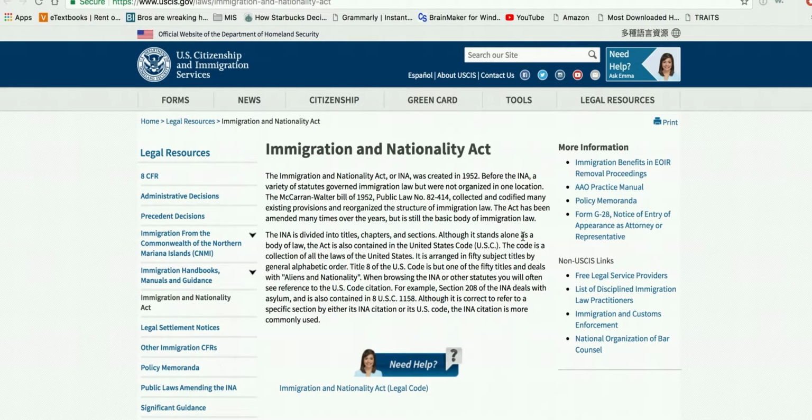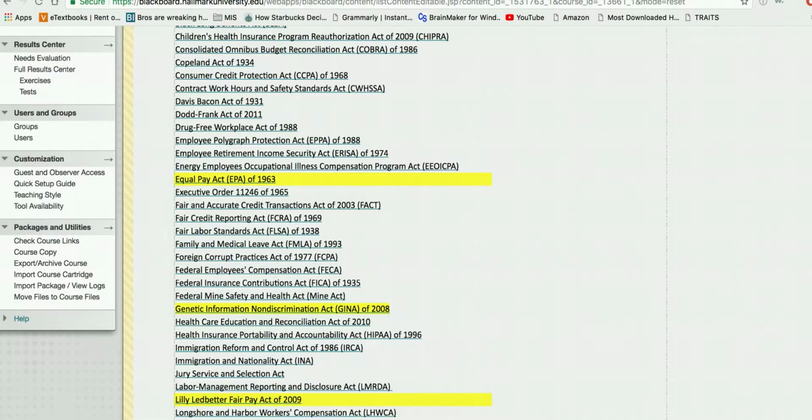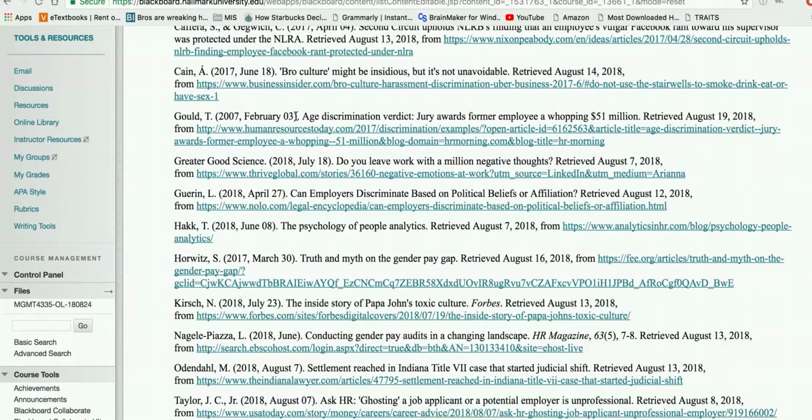So this is taking you to the direct source, as written by the agency that oversees the law, if that makes any sense. But basically, if we're talking about a particular law, don't just look at your textbook.